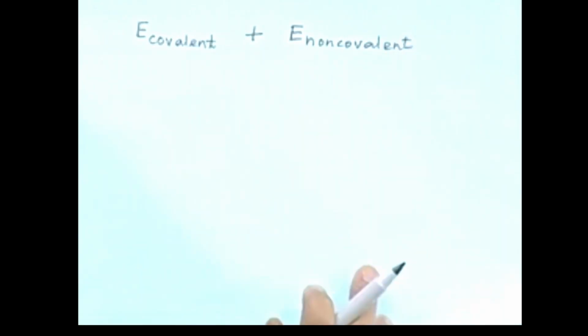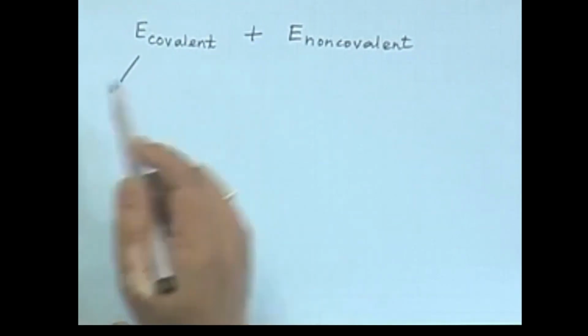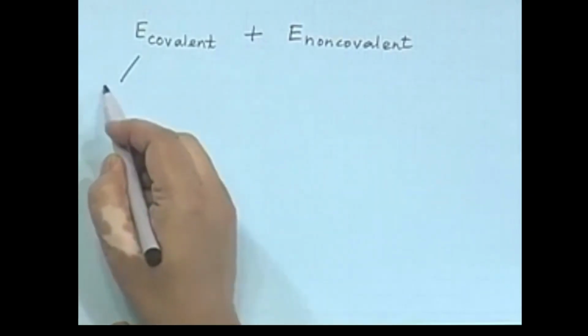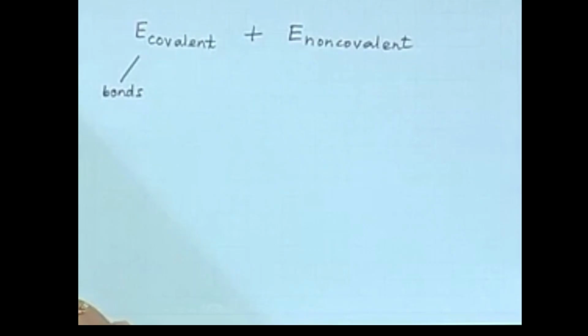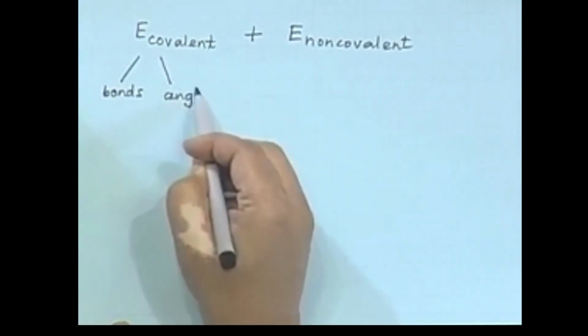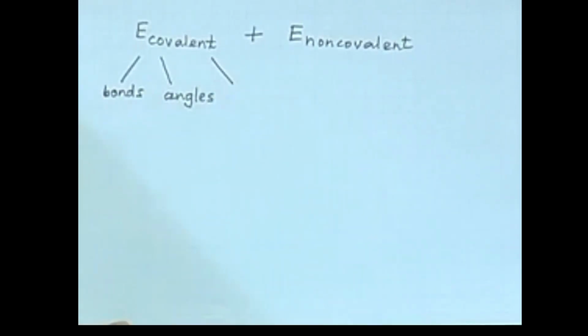When we're looking at the covalent energy components, because this is contributing to our total energy, what do we have? We have normal bond formation that is going to contribute. There is a contribution from angles, and from torsional angles.